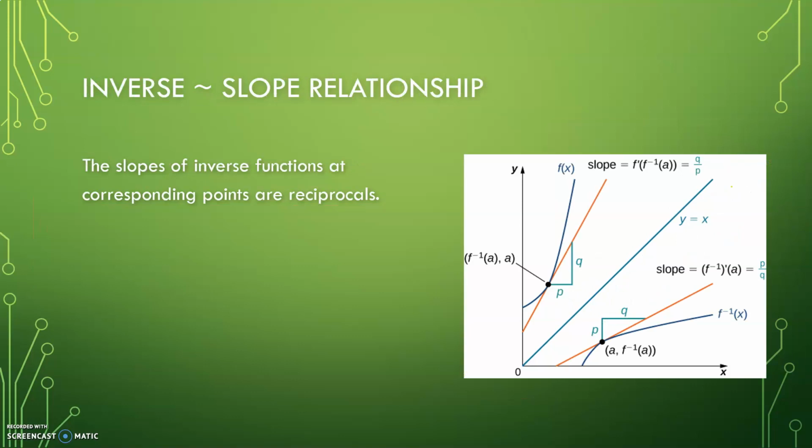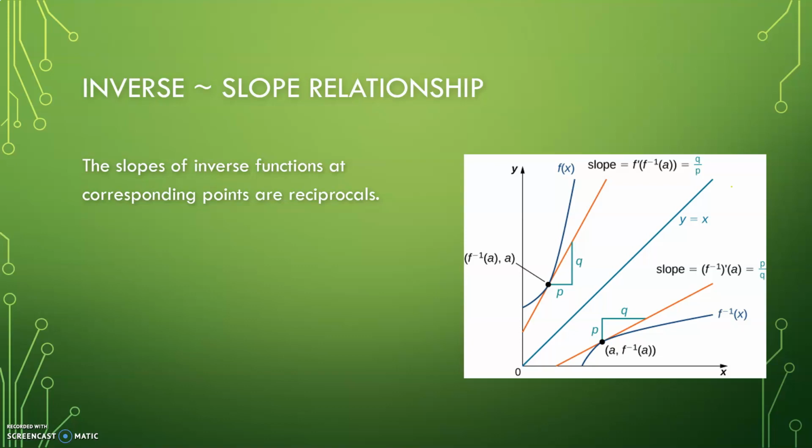So that inverse slope relationship is the new calculus thing. And what we're saying is that the slopes of inverse functions at those corresponding points are reciprocals. So if I look at f, I can figure out the slope of f at this point.